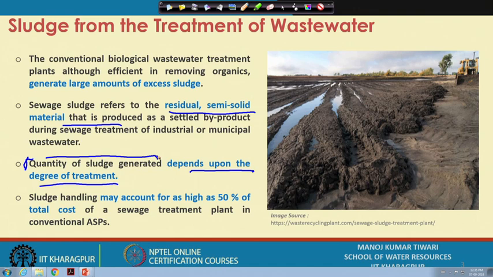If you are removing 90% of organic content, or just 60%, that is what converts to solids.